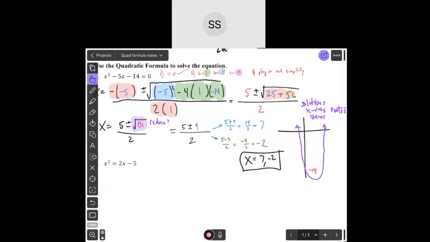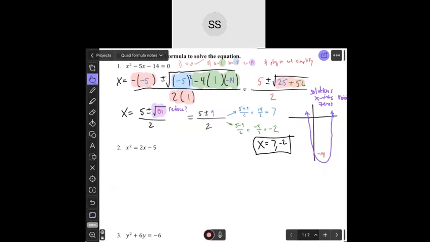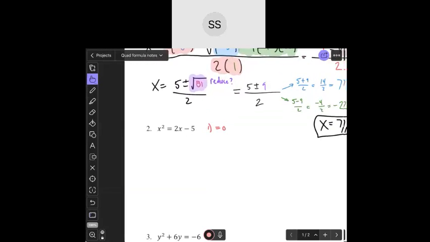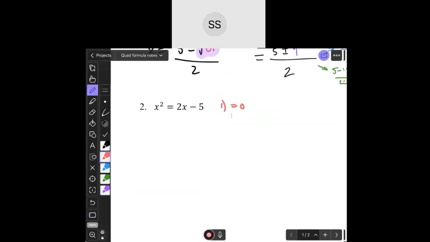We're going to do another one together. So remember step 1, want it equal to 0. This one's not set equal to 0, so we need to get it there. And in that way, you actually want to keep the x squared positive.